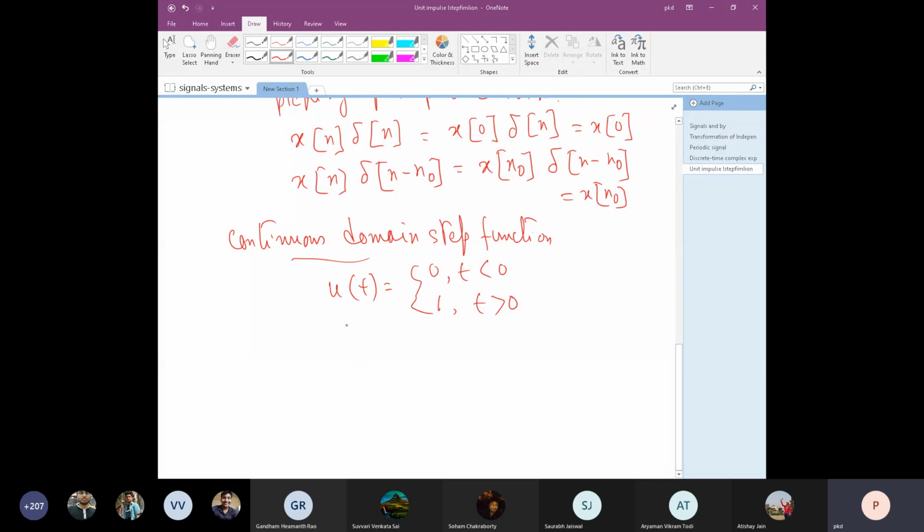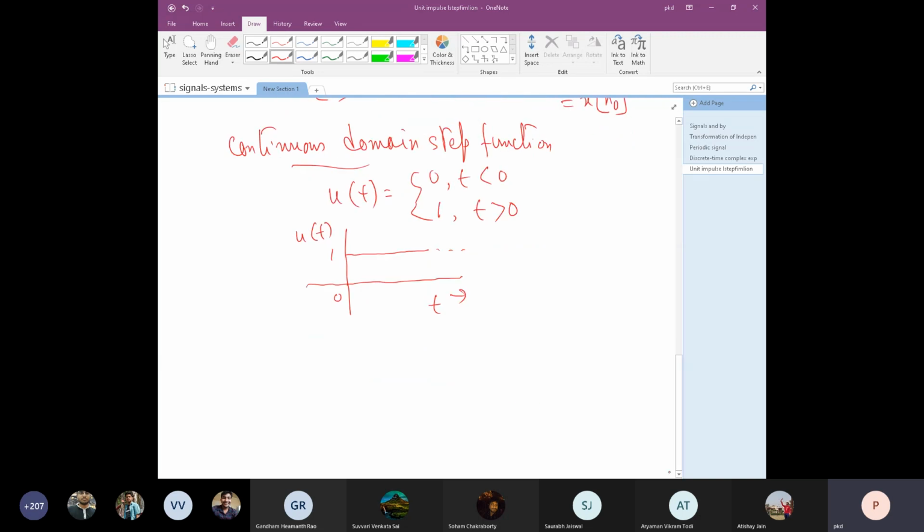Which in essence is a discontinuity at t equal to 0. This is the unit step. Now the continuous time delta function is related to the step function through that integration relation or through that differentiation relation. So that we shall discuss next.